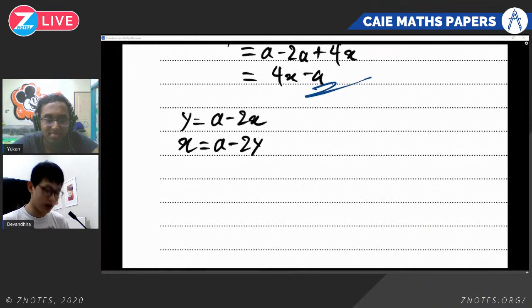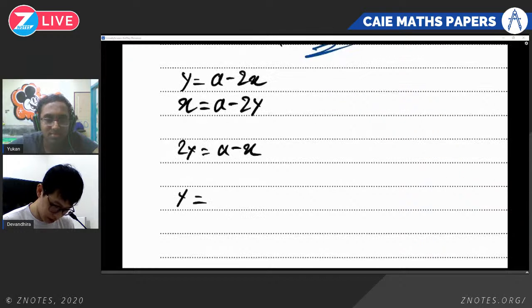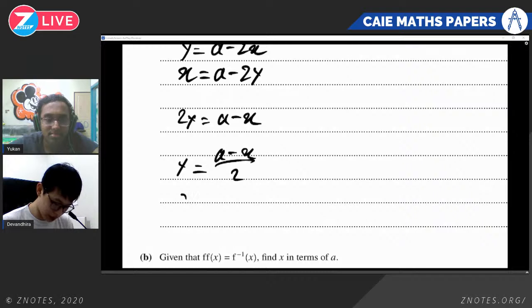And after this is done, make y the subject. So we can bring it here, and this one here. 2y is a minus x. y is equal to a minus x over 2. And once we're done, we can state that this is f inverse of x.